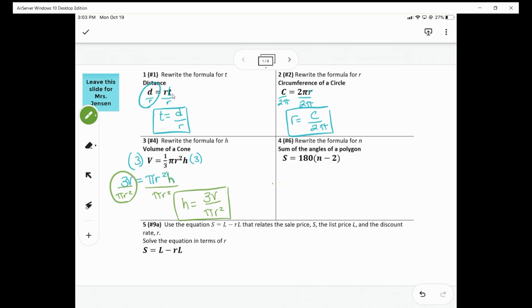If you remember from your notes, the first step, we always want to distribute if possible. So for number 4, we're going to distribute 180 times n minus 2. 180 times 2 is 360.